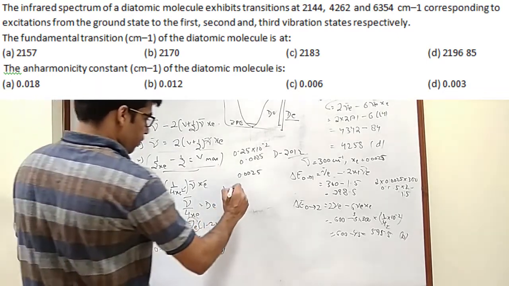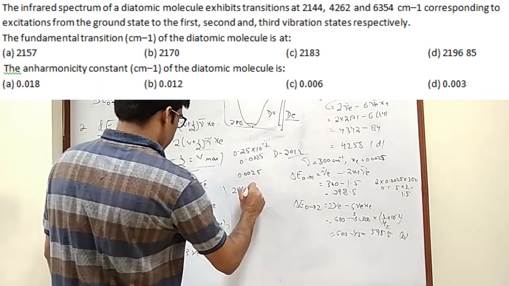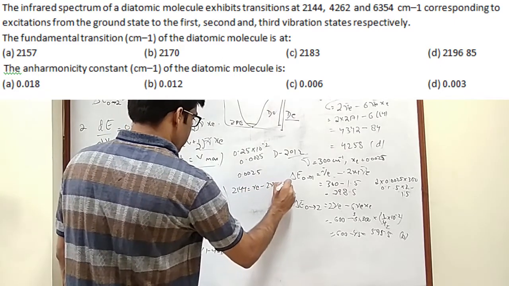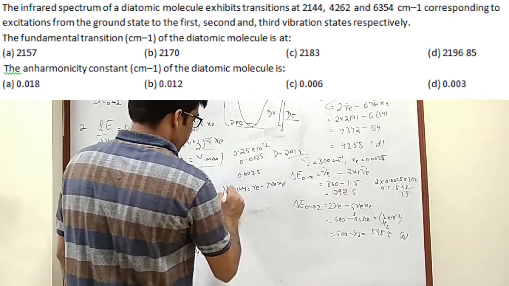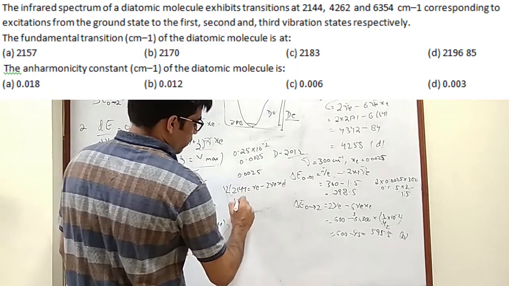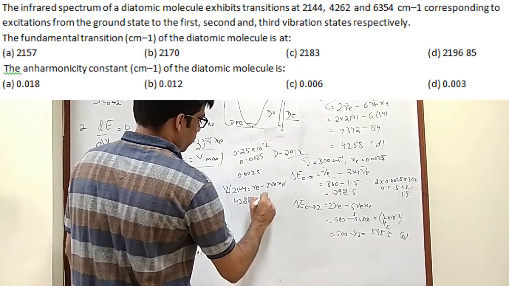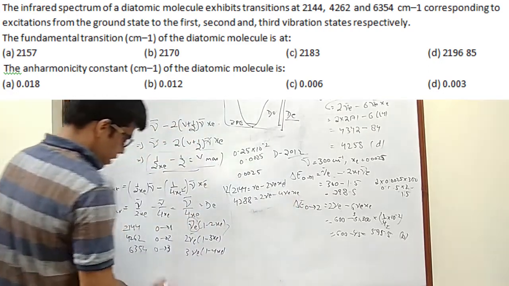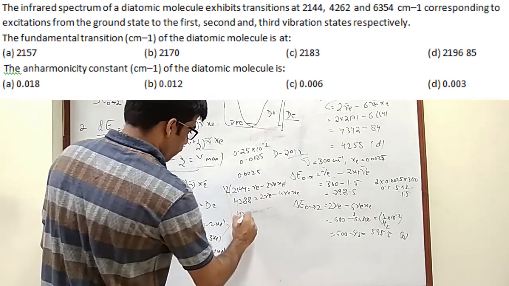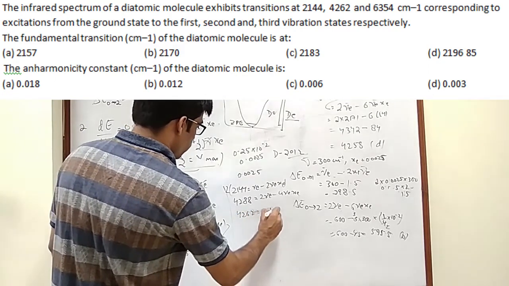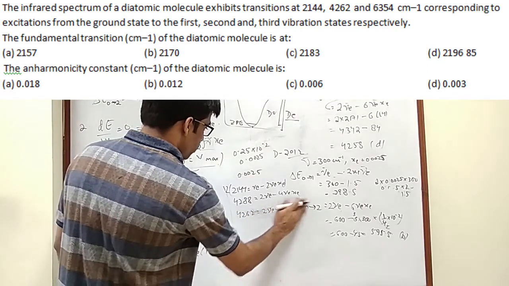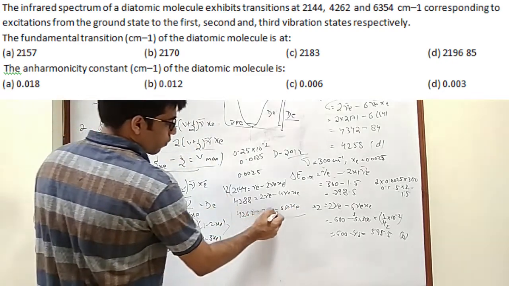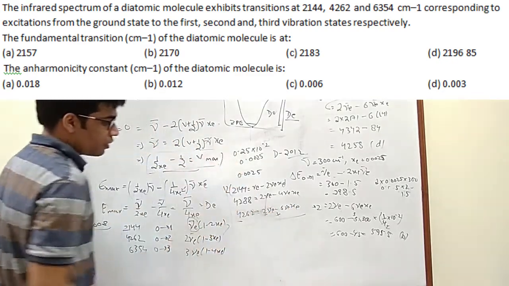Let's say we have 2144 is equal to ν̄e minus 2ν̄e xe. I'm multiplying this by 2, so I should get 4288, 2ν̄e minus 4ν̄e xe, and this one I will have 4262 is equal to 2ν̄e minus 6ν̄e xe. Subtract the two, these get cancelled.